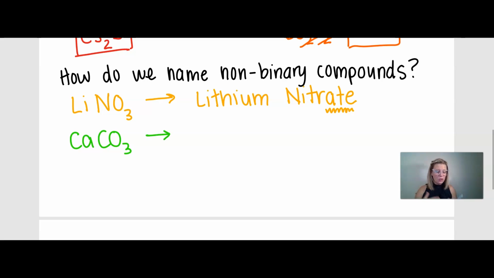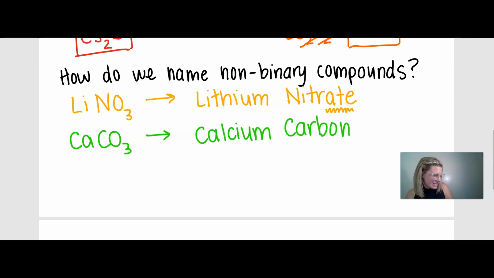Again, notice 3 different types of atoms: calcium, carbon, and oxygen. This name is calcium carbonate. Again, notice that ATE ending, indicating that it's not just a binary substance.